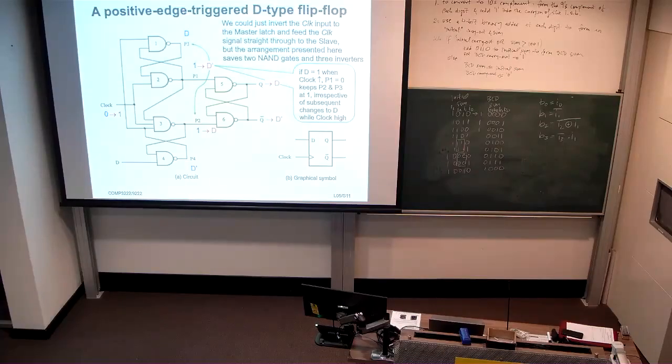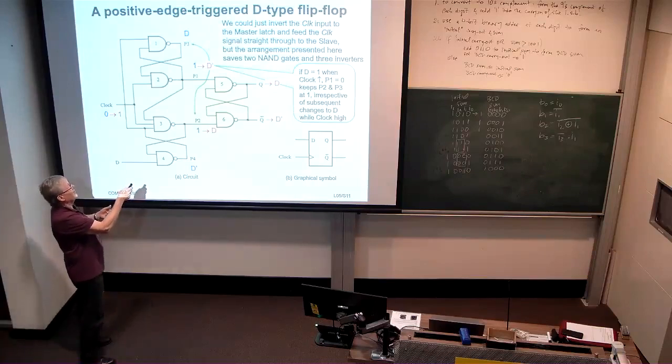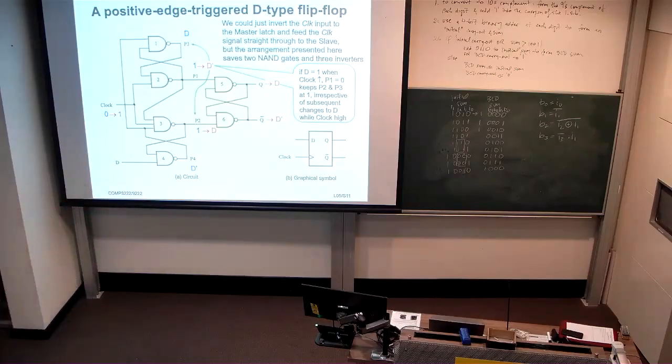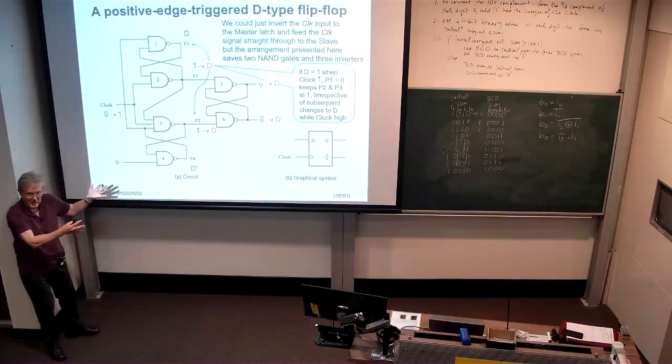And there aren't any other possible changes once this guy goes to 0, P3 and P2 go to 1, and as a consequence, again, there's no change in D. Anything that happens in D can no longer be seen by the output stage of the flip-flop.